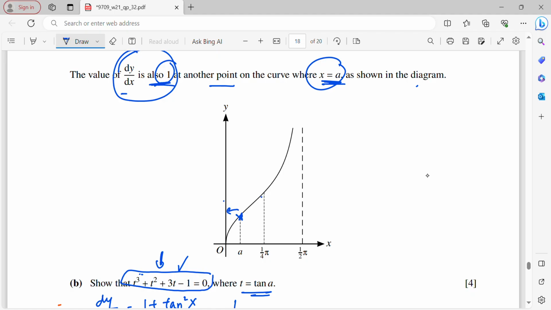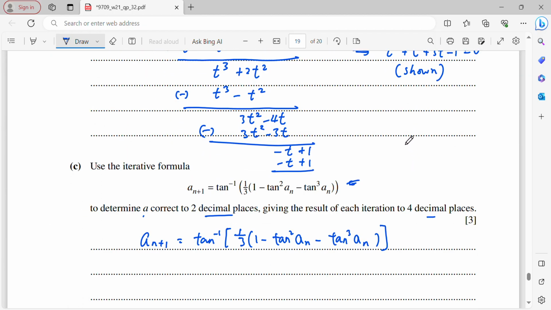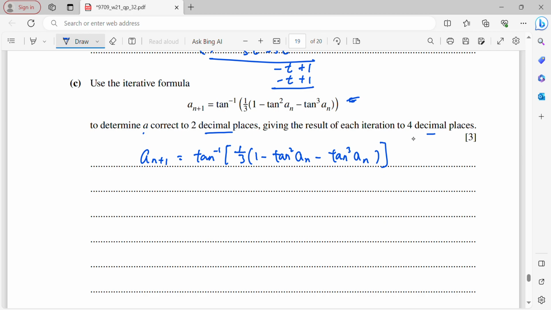so you can use any points. I will start with 0. Okay, you can use 1 over 4 pi or the value in between the two values. So now I let a not be 0. Then I will get a1, that is inverse tangent 1 over 3 times 1 minus tangent 0, and tangent 0 is 0, right?